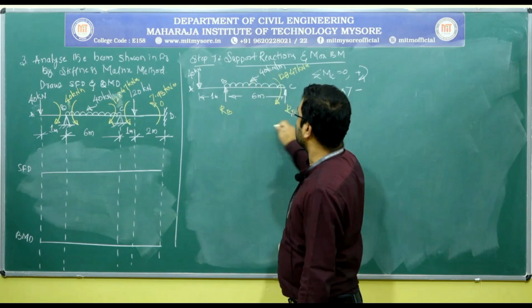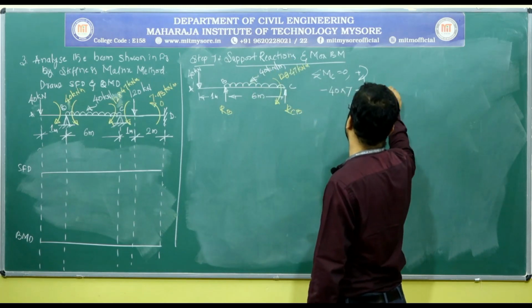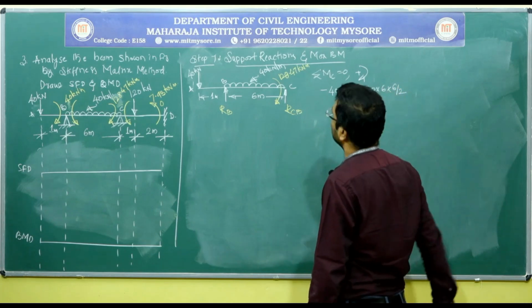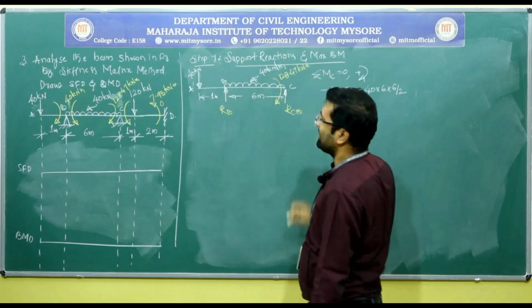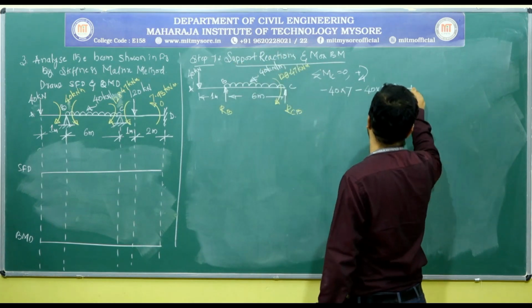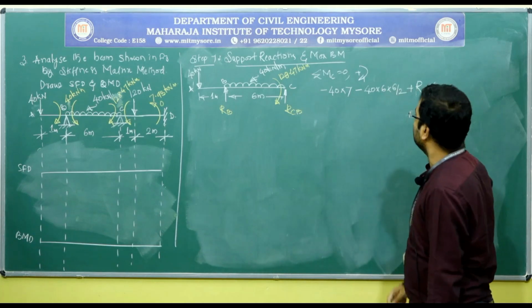Minus, this UDL also creates an anti-clockwise moment, so it is minus 40 into 6 into acting at a distance of 6 by 2. Then this RB creates a clockwise moment, so it is plus RB into its perpendicular distance, 6.